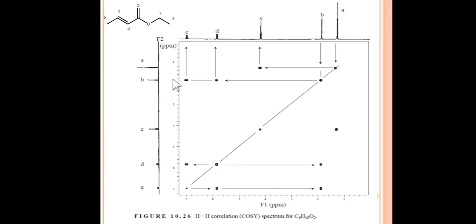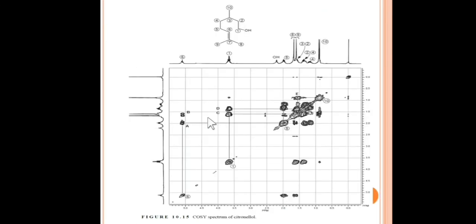So for the next peak, that is D. You already know D is coupling with E and B. So if we extend this to the off-diagonal side, it is coupling with E and again with B. Finally, we have E, and if we extend, it is coupling with D and also with B. So E is coupling with B and D. This is how we can correlate all the peaks in two-dimensional spectroscopy.